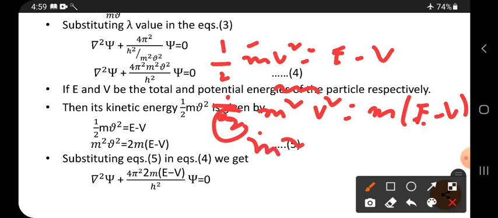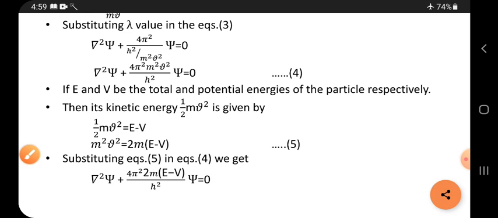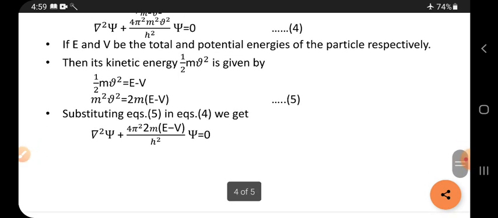So m square v square is equal to 2m into E minus V. That is the reason why it is written like this.